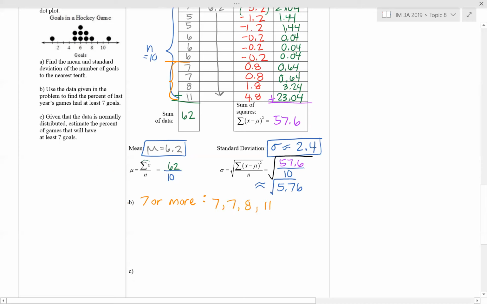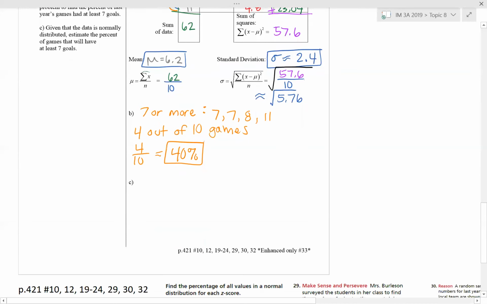So there were 4 out of 10 games where that occurred. So I would do 4 over 10, which is 40%. So 40% of the games in this data set had at least 7 goals.